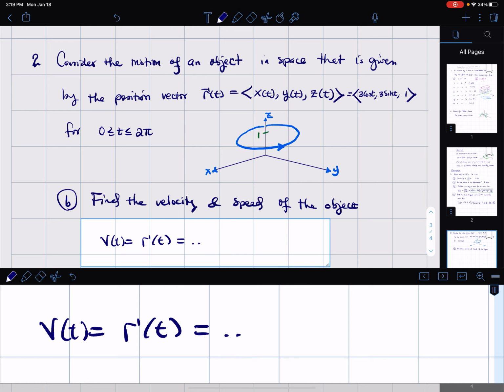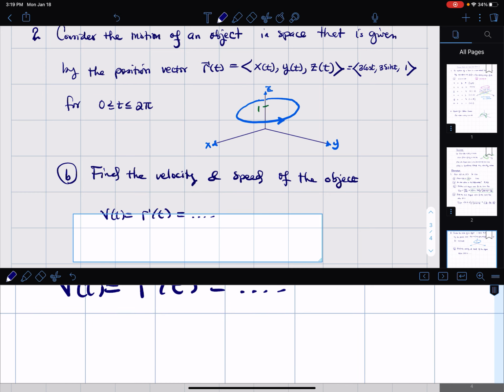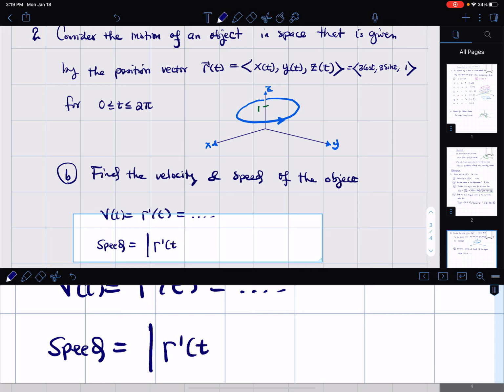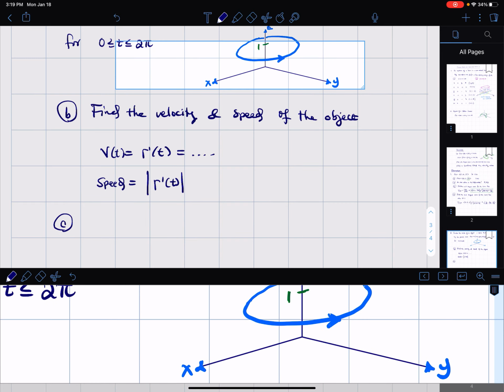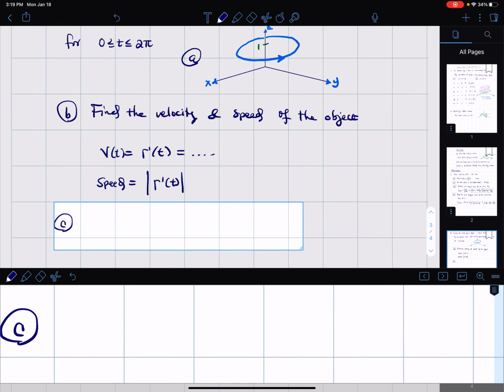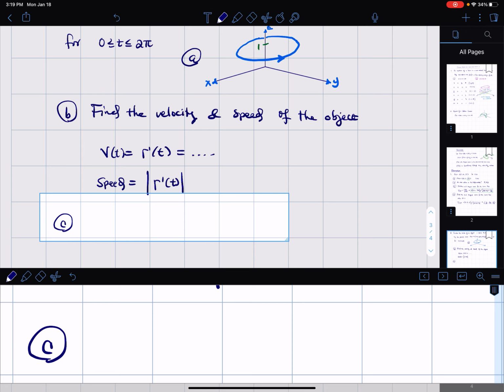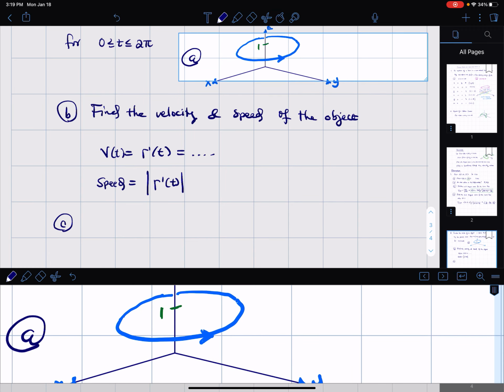So what's r prime of t? The speed of the object is going to be the absolute value of r prime of t, the magnitude of r prime of t. Now, part B, what we're going to call this A. This is just to sketch the trajectory of the object.